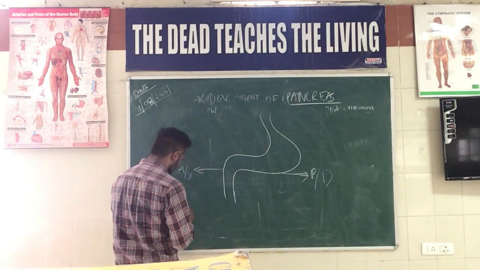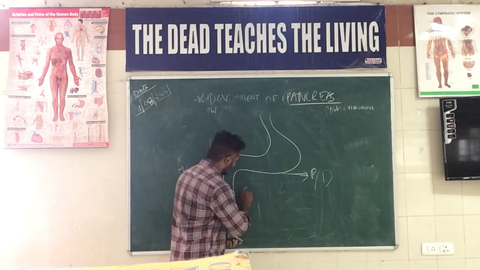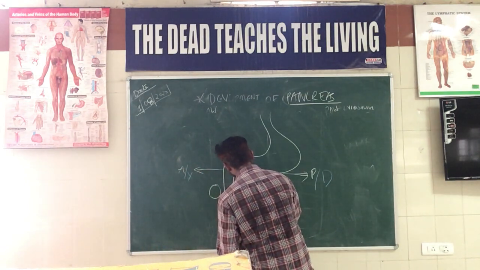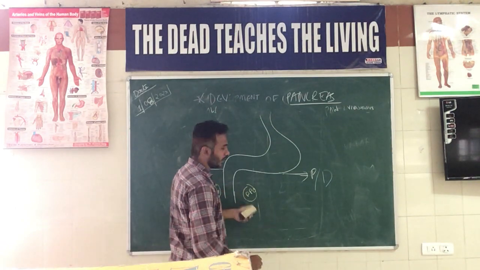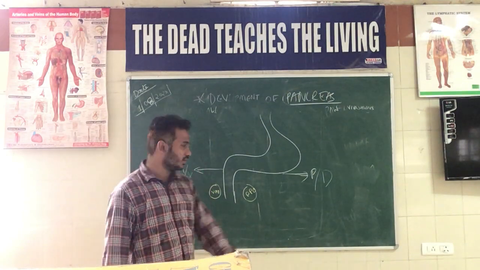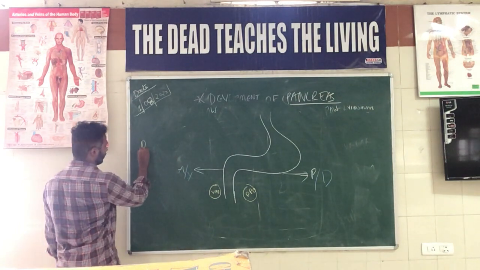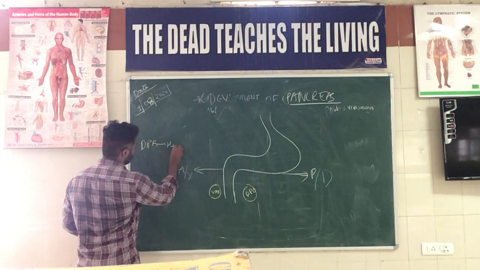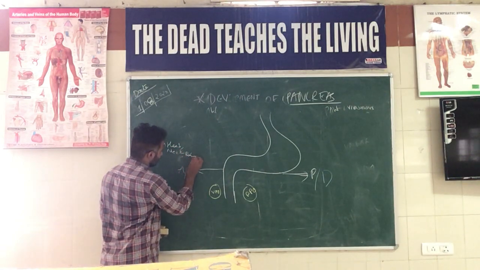So we have a bud. This is the ventral pancreatic bud, and this is the dorsal pancreatic bud. This dorsal pancreatic bud forms the major mass of the pancreas. It forms the major part of the head, neck, body, and tail.